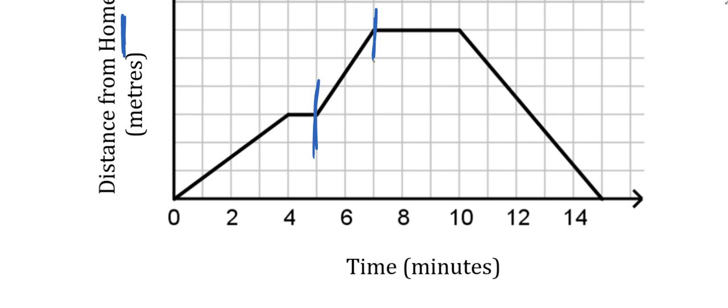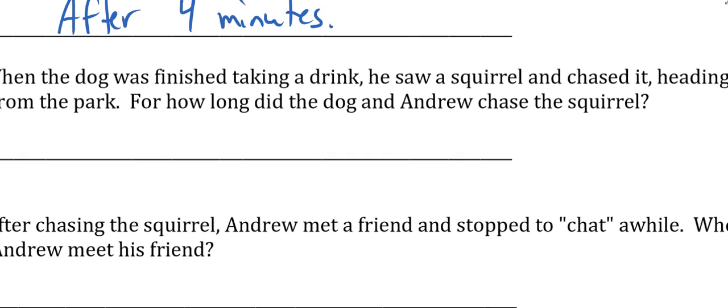Thank you. Very good. Some people might have gone from 4 to 7, so just be careful. There was the minute that the dog was drinking. So he stops drinking at 5 minutes, and this is obviously the part where he's chasing the squirrel. So for how long did he chase the squirrel? 2 minutes. Good.